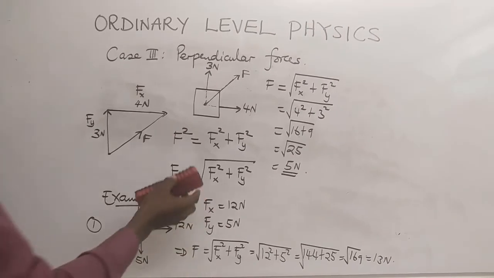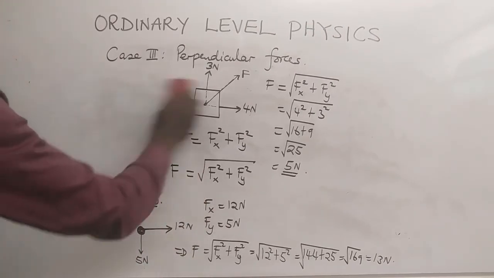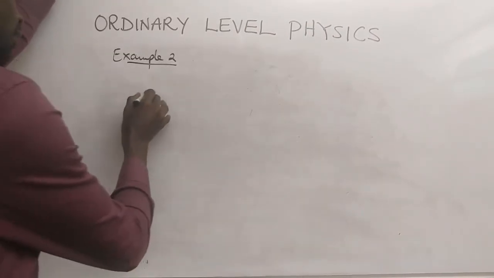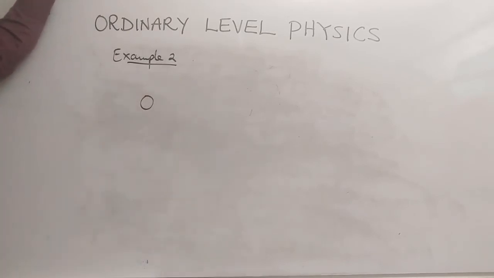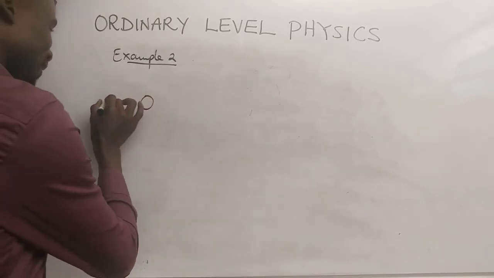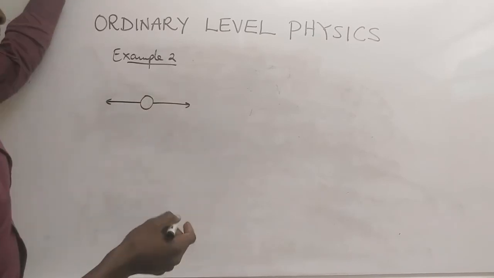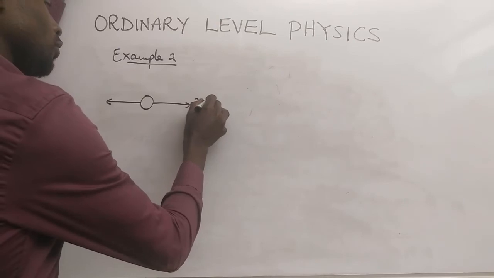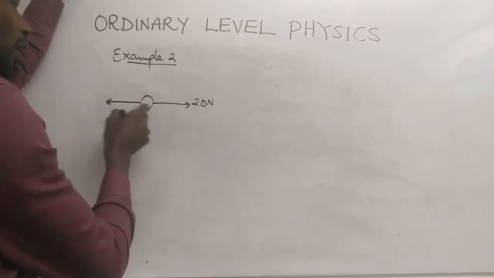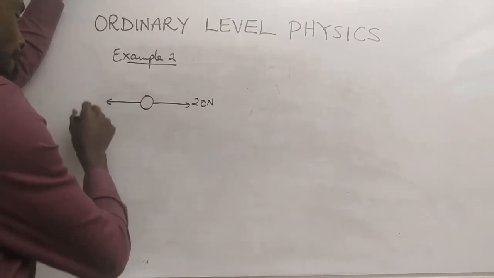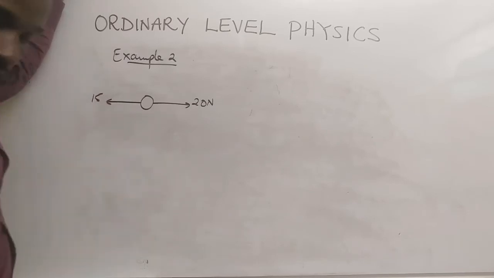The last case which I want to explore is, so you have a body. Don't worry, I'm not putting the questions in full, just a few words. So here you have a 20 newtons force. Then this side you have a 15 newtons force.